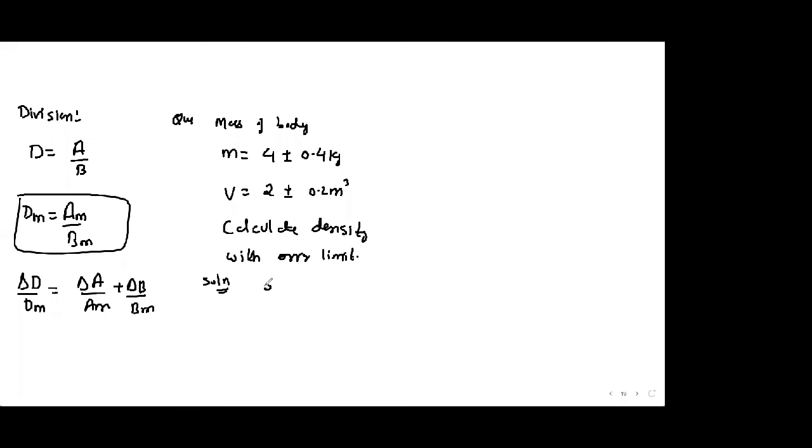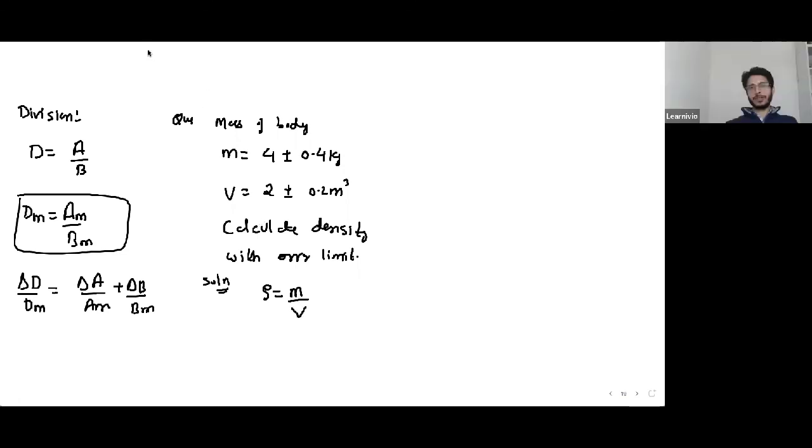See, density is the ratio of mass and volume. The mean value of mass is this, the mean value of volume is this. You can write your density in this form, right?